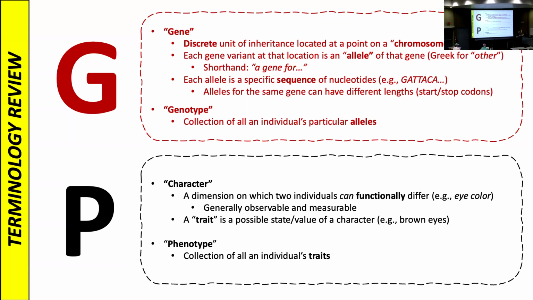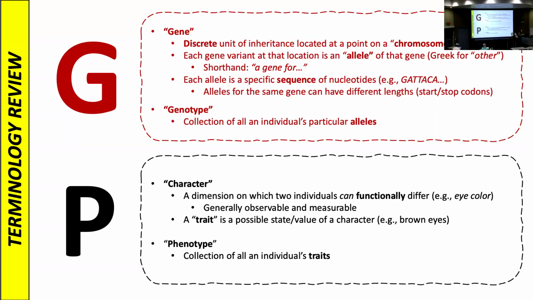is a character. If a bird has a particular color, and that color could be selected for in sexual interactions, or could be under sexual selection, that color is the phenotype, but the particular color, blue, we're going to say is the trait.